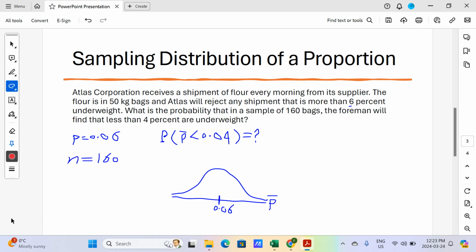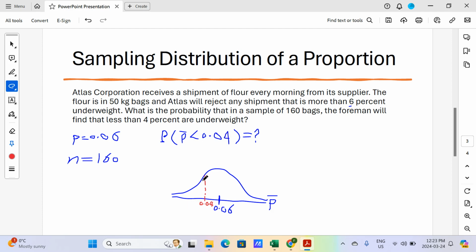Now I'm looking for this probability that P bar is less than 0.04. So look at here, 0.04 is on the left side, less than 0.06. All the P bars less than 0.04 are on the left side of 0.04.